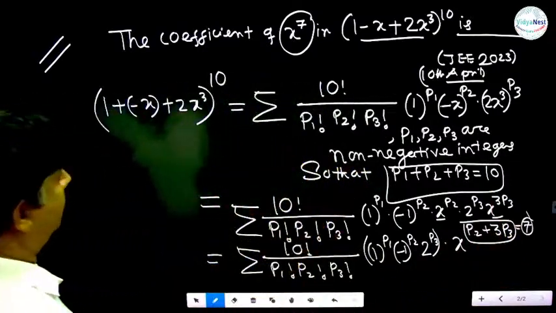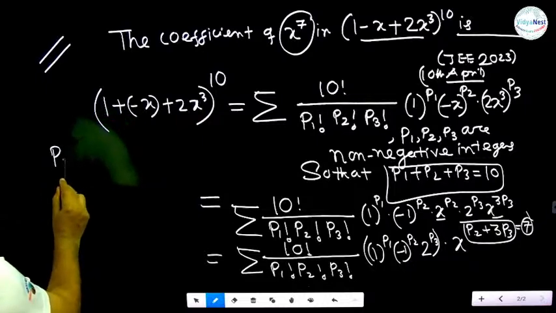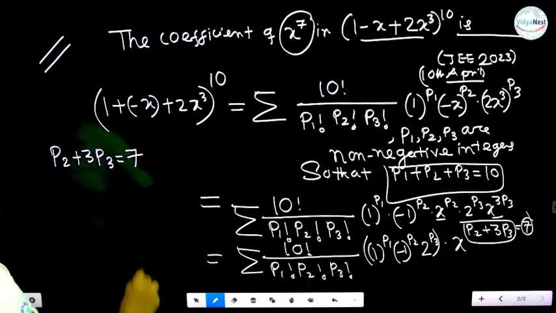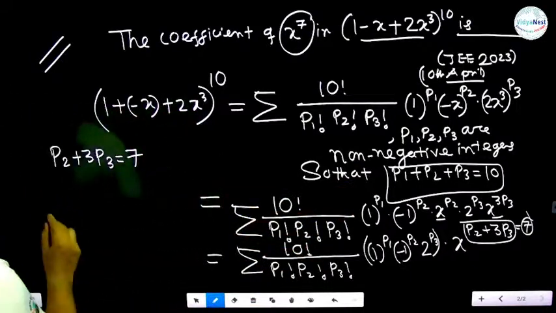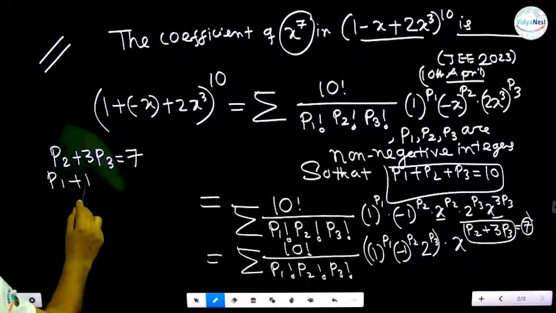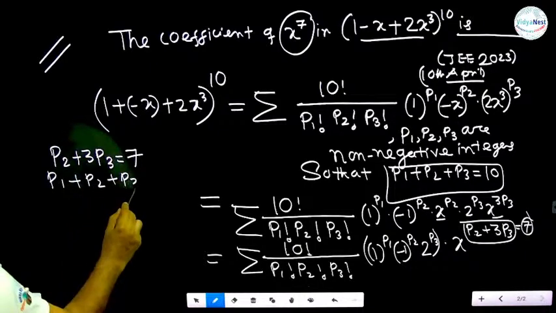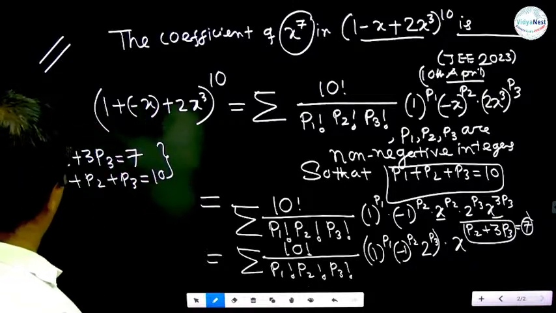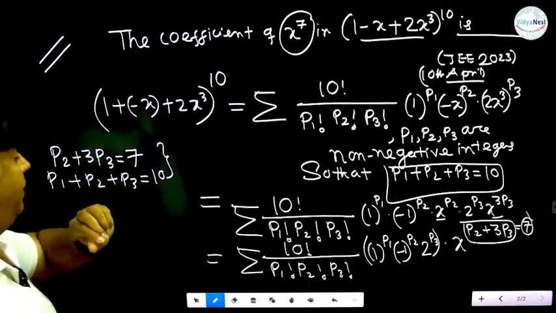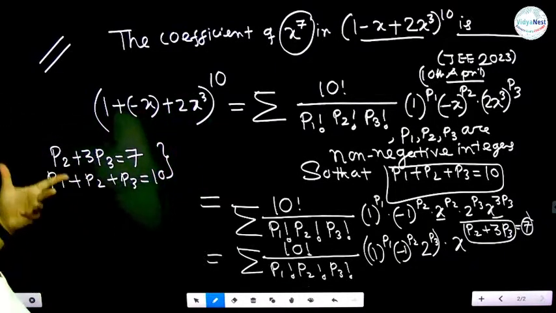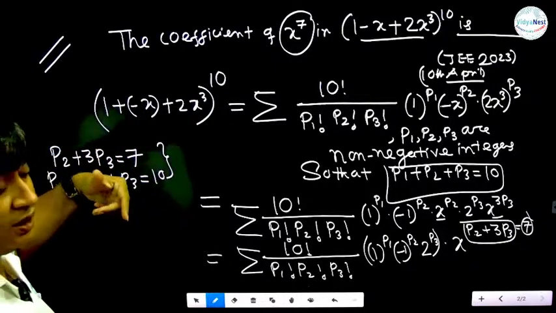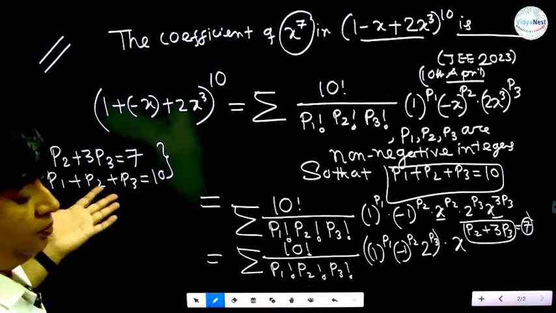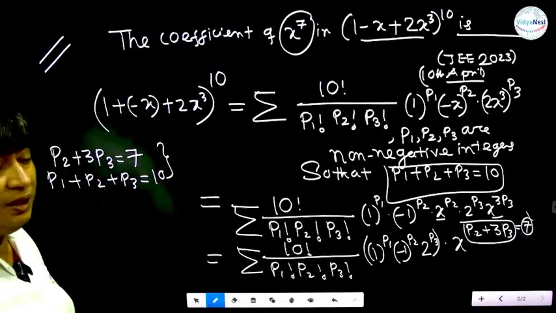So I can write p2 plus thrice p3 is equal to 7, and already we have got p1 plus p2 plus p3 is equal to 10. Now by choosing the values of either p2 or p3, we will solve these three variables equation, though two equations are given. That way which I had just shown to be recorded here.